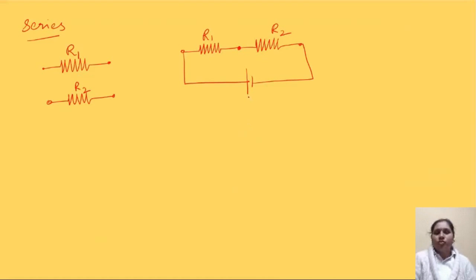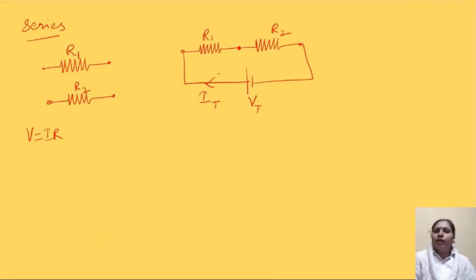Let us take this voltage as V and let us find the currents in the circuit. The basic law we know is V equal to IR. This is from Ohm's law. Let Vt be the total voltage of the circuit and It the total current of the circuit.